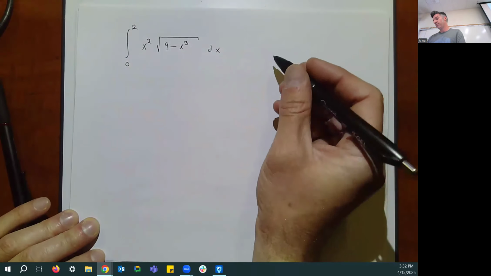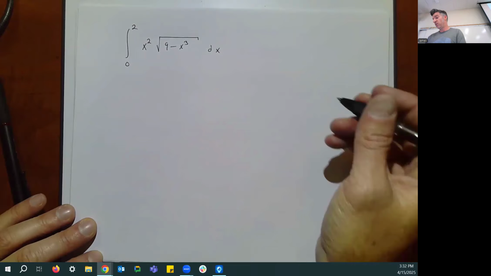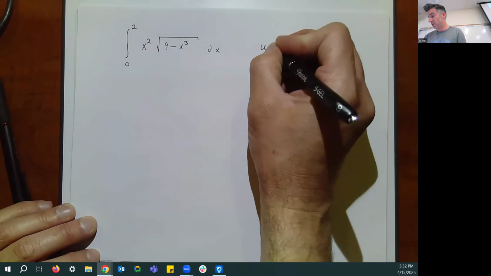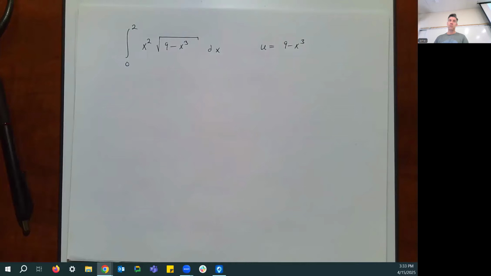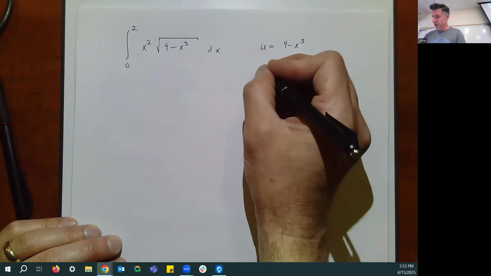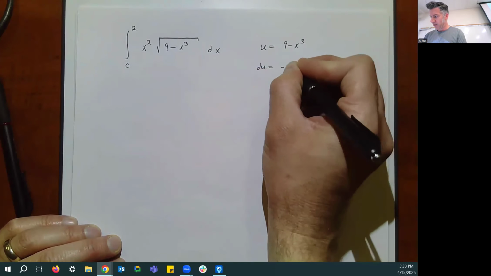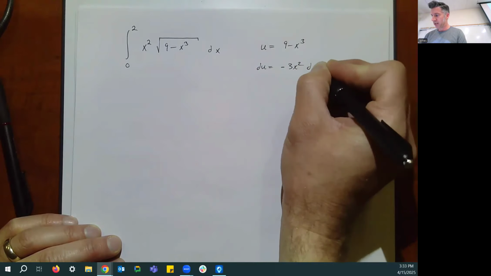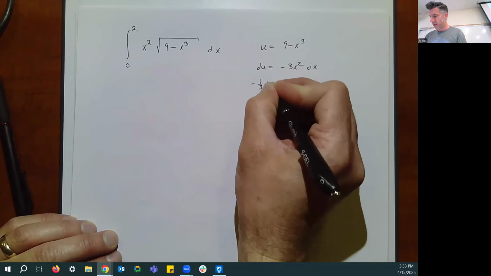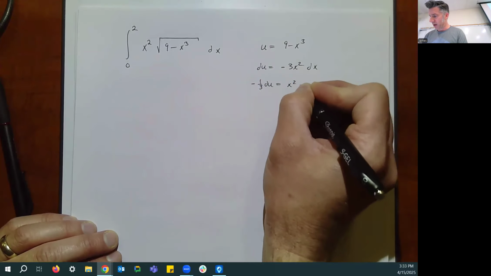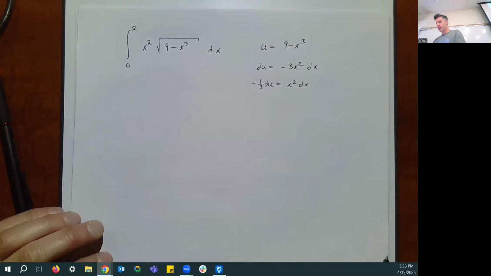All right, so same sort of idea here. We're going to do a u sub, and I think the obvious choice is, once again, the stuff that's inside a root or inside a function or in the denominator or in the exponent or whatever. So let's see here. Our du is going to be negative 3x squared dx. And we have an x squared times dx, so we have a negative 1/3 times du equal to x squared times dx.